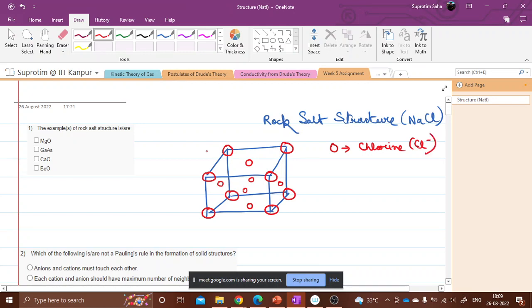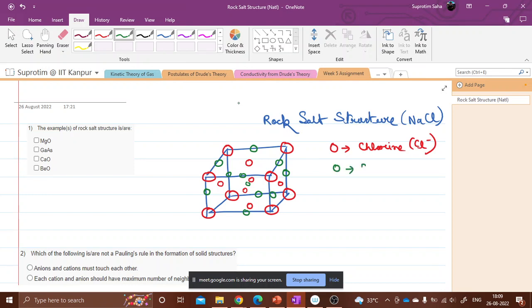Your sodium cations will sit at the octahedral points, like the centers of the edges. So these are your sodium cations, and also at the center. The center point is also an octahedral void.